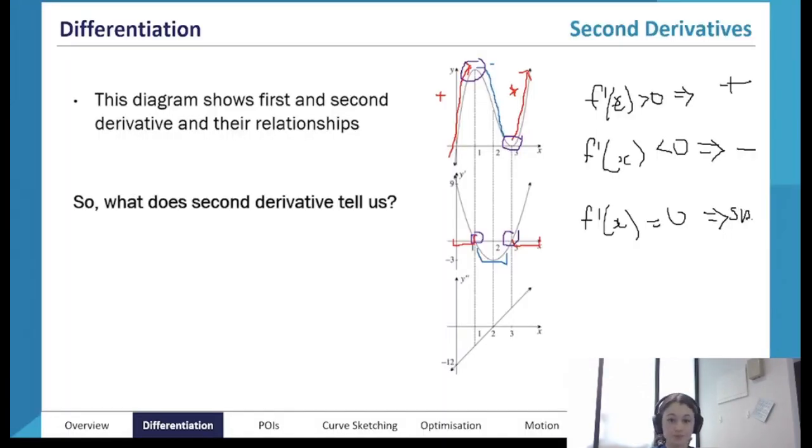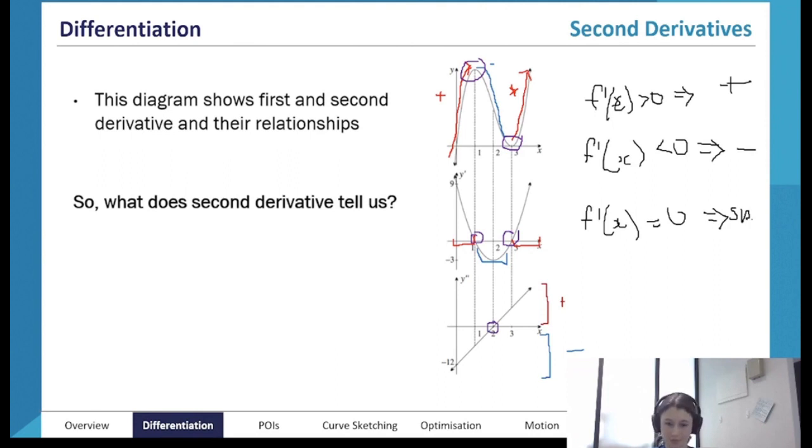As you can see here, our second derivative has a positive value here, and it has a negative value here, and then it also has this x-intercept right in the center.